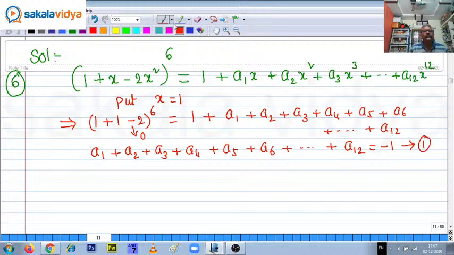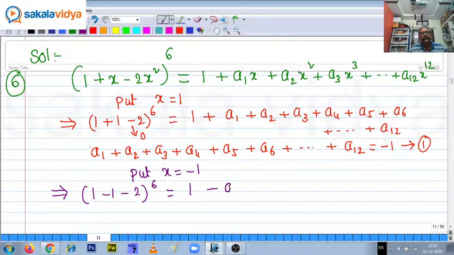Okay, now let us substitute x equal to minus 1. Let us see what we get. So (1 − 1 − 2·(−1)²) is minus 2 itself only, raised to 6.